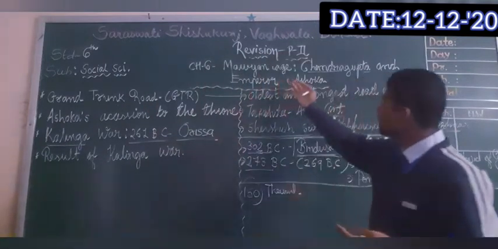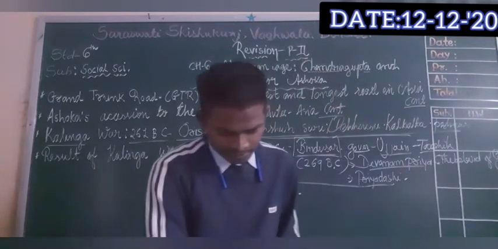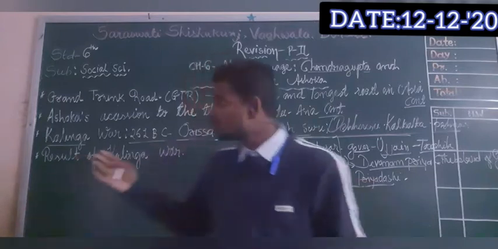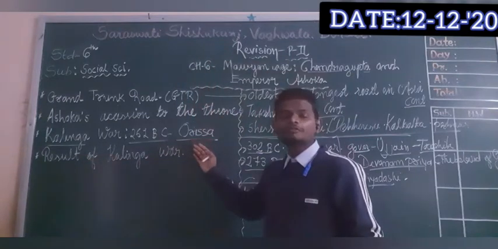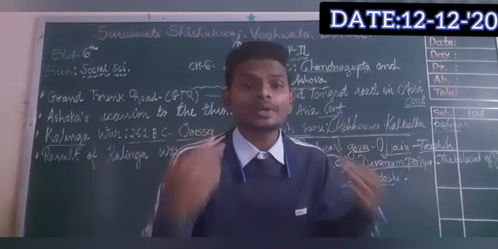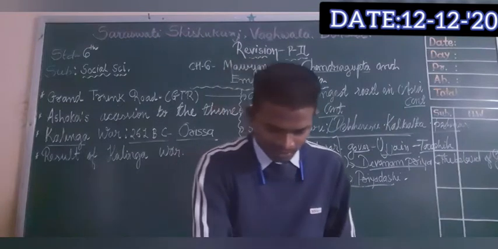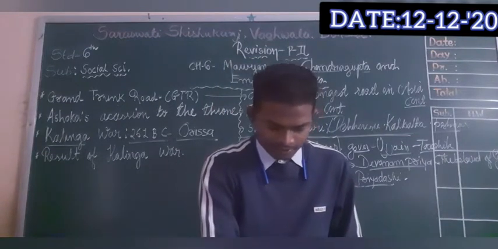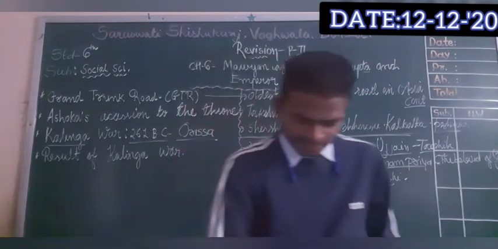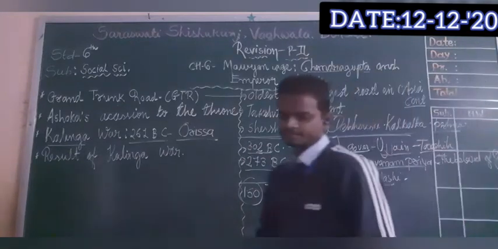Captured by the Mauryan army. And they suffered a lot. The people of Kalinga suffered a lot during this war, during this conquest. So now, 100,000 were slain, and many times that number died. Lots of bloodshed.